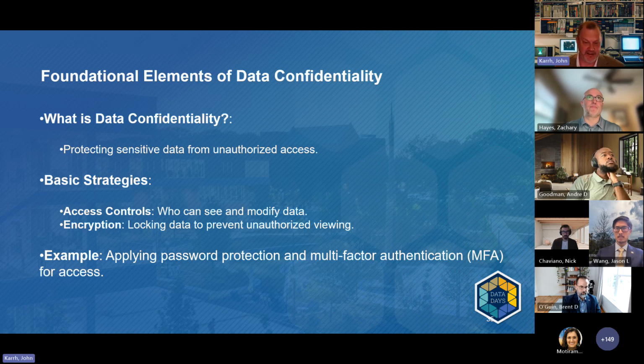Making sure that data is encrypted and locked in place so that if it was to get out, it's not usable by the person who steals that data. Examples of that are things like password protection or multi-factor. People are familiar with a lot of these things that we do, things that are covered in our cybersecurity awareness training that happens twice a year, and the various policies and standards that we have on campus as well as at USG that go around protection of that data.